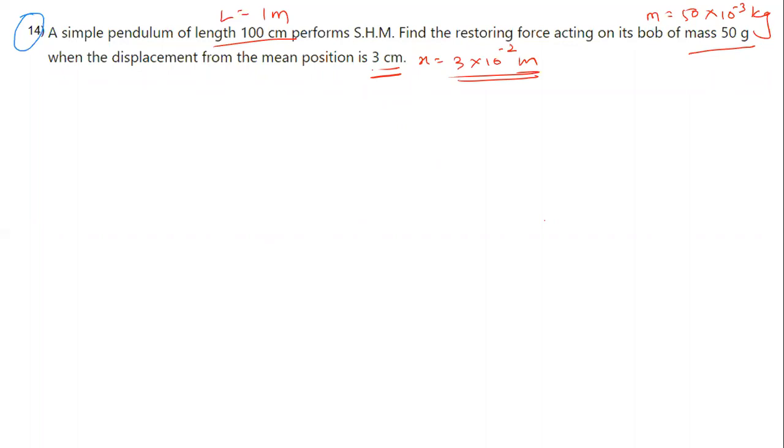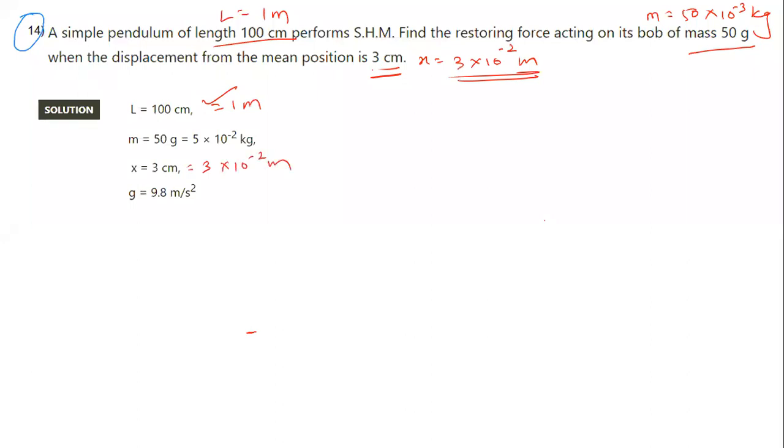And what we have to find out? Restoring force. So, given, we list here: length is equal to 1 meter. 50 gram means 50 into 10 raised to minus 3, that is 5 into 10 raised to minus 2. X is 3 centimeters, so we can write 3 into 10 raised to minus 2 meter. And g we can use 9.8.